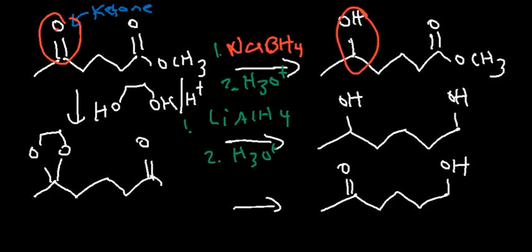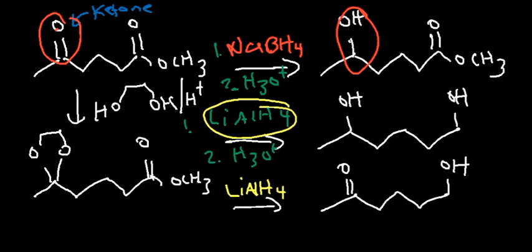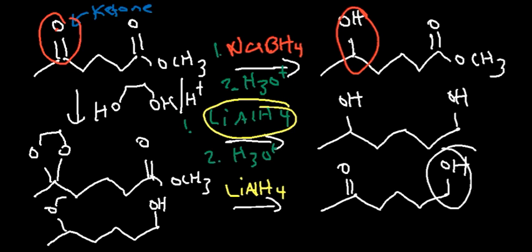And the ester will be exposed. So now we need to use a strong reducing agent, lithium aluminum hydride, because out of the two, only it can reduce the ester. And then once we use lithium aluminum hydride, what we'll have first is something that looks like this. The ester is now converted to the alcohol, but we still have the protecting group on it.